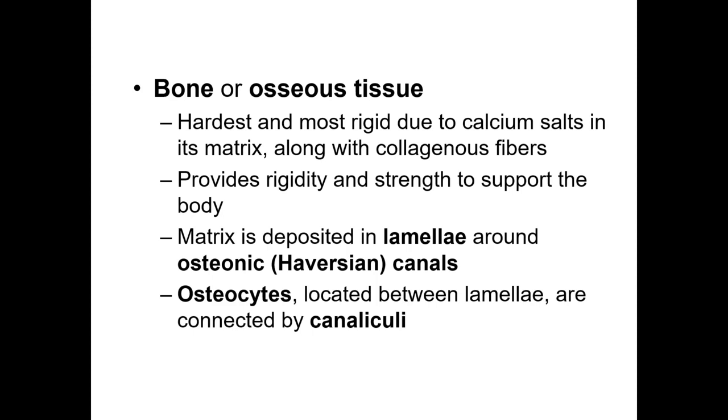The bone as a whole is covered with a tough, fibrous periosteum, similar to the perichondrium of cartilage. I know that's a lot of new words, but they all do have their specific characteristics and function.